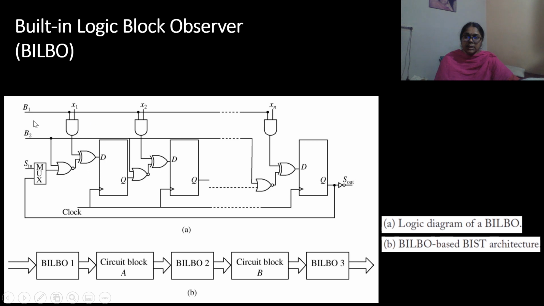B1 equal to 1 and B2 equal to 0 is mode 4. The BILBO is converted into MISR. And what is MISR? Multiple input signature register. In this mode, it may be used for performing parallel signature analysis or for generating pseudo-random sequences. The latter application is achieved by keeping x1, x2, etc. xn at fixed values.